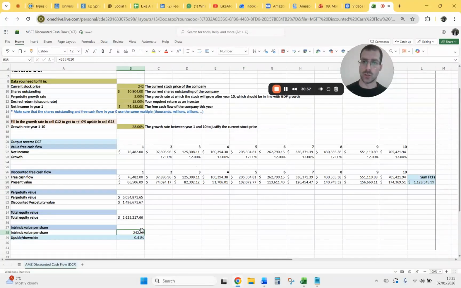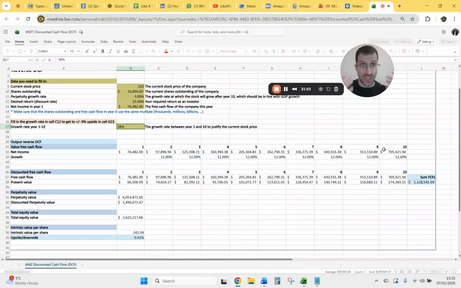Boom, look, 242. So what the reverse DCF tells us is that right now the market is pricing Amazon as though its net income is going to grow at 28% per year over the next 10 years. And what we have to do is ask, do I think this is reasonable or not?